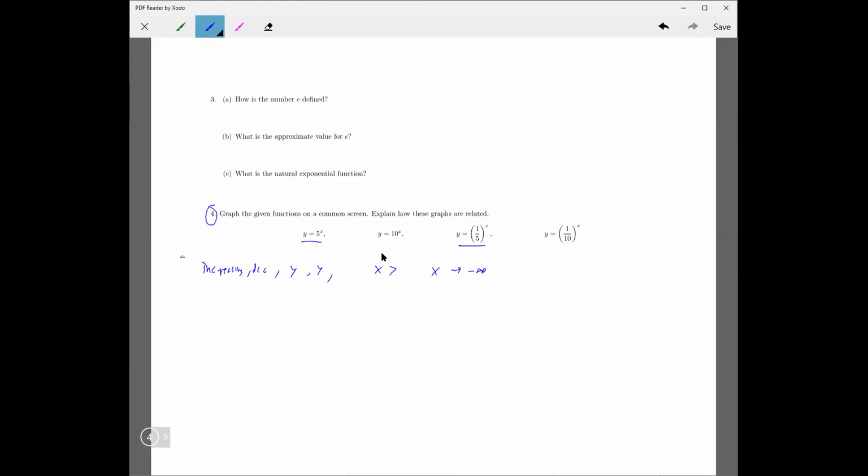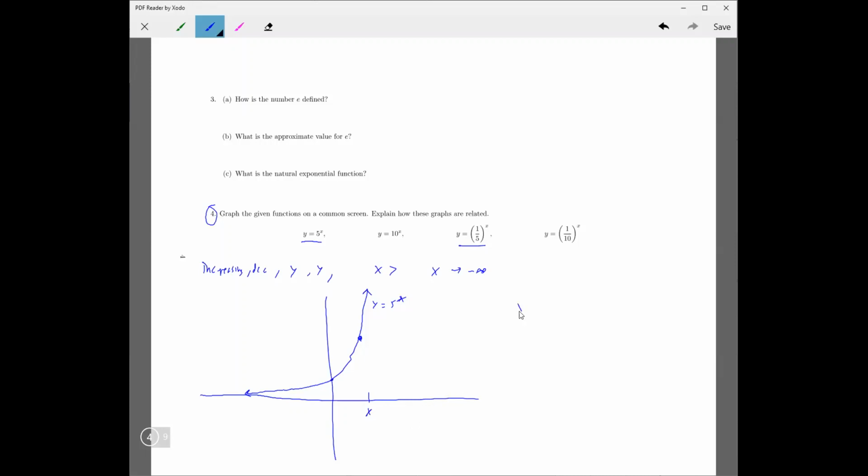Okay, so let's take these two, for example. Let's take y equals 5 to the x. Let's say that's the value of x right there.